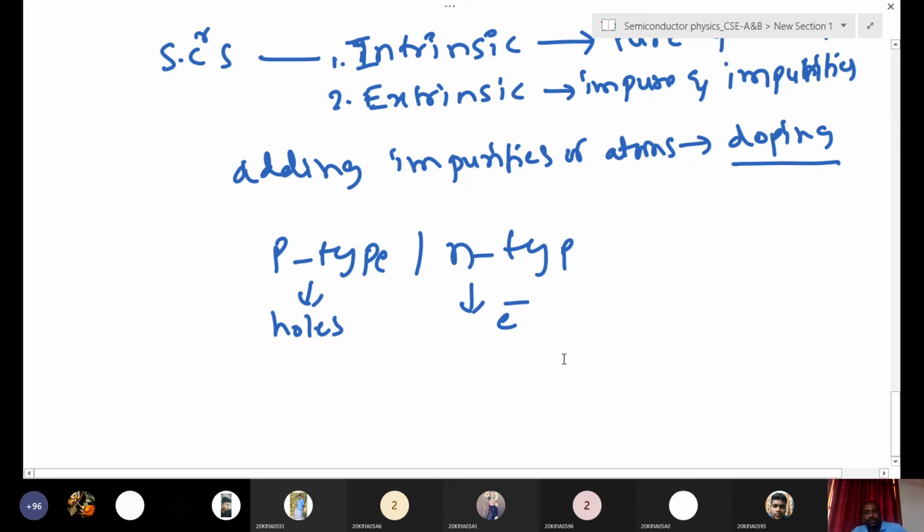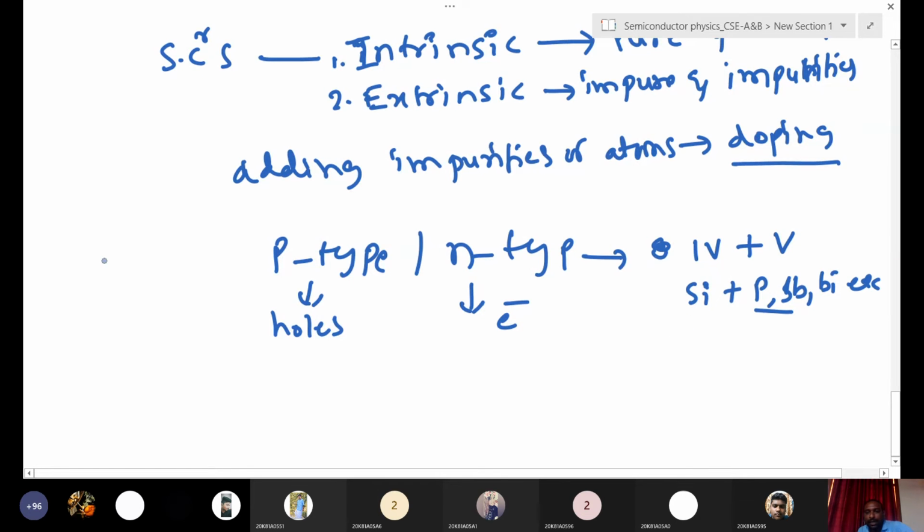Generally, the n type is formed if you have a fourth group element, that is silicon or germanium, and you add fifth group elements, that is phosphorus or antimony or bismuth. If you add a fifth group element, you will get the n type semiconductor.